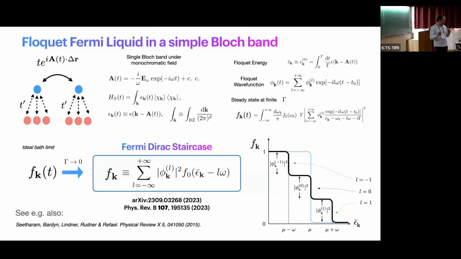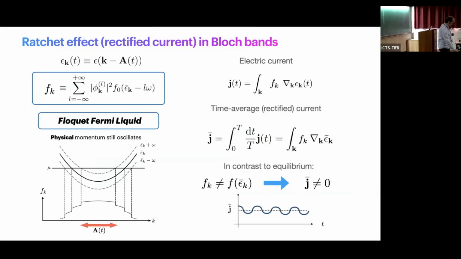So it's determined by the Floquet problem. So let me tell you then why. That's the state. By the way, in this notation, k is the canonical crystal momentum. So it's not the gauge invariant crystal momentum.